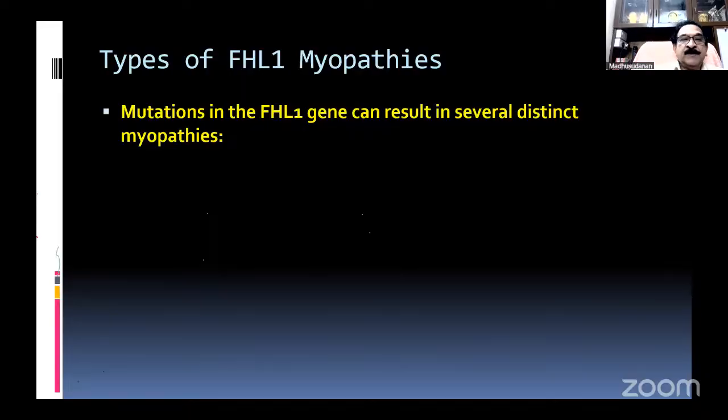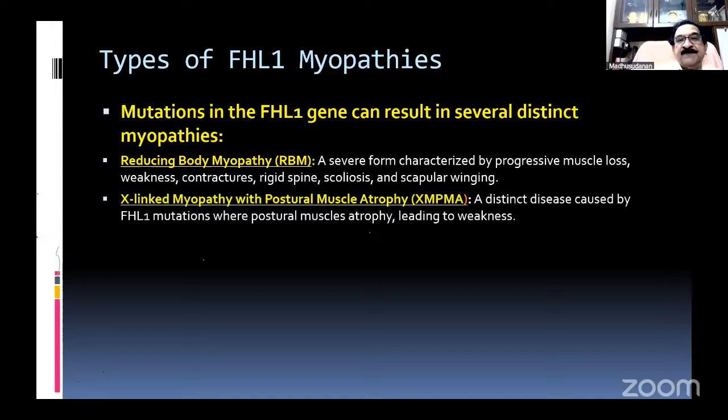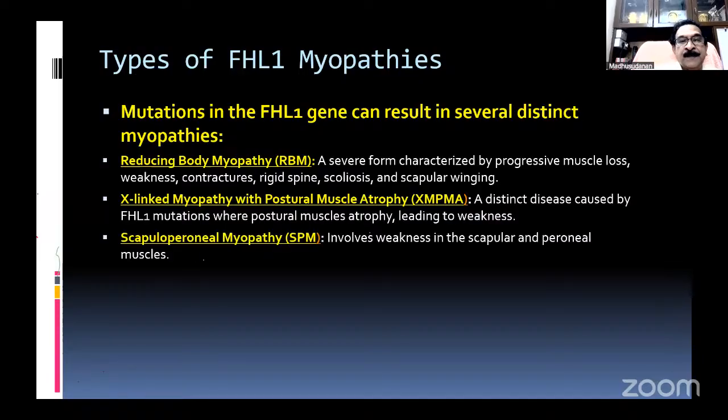These are distinct. One is reducing body myopathy, a severe form characterized by progressive muscle loss, weakness, contractures, rigid spine, scoliosis, and scapular winging. Second is X-linked myopathy with postural muscle atrophy, XMPMA, a distinct disease caused by FHL1 mutation where postural muscle atrophy leads to weakness.